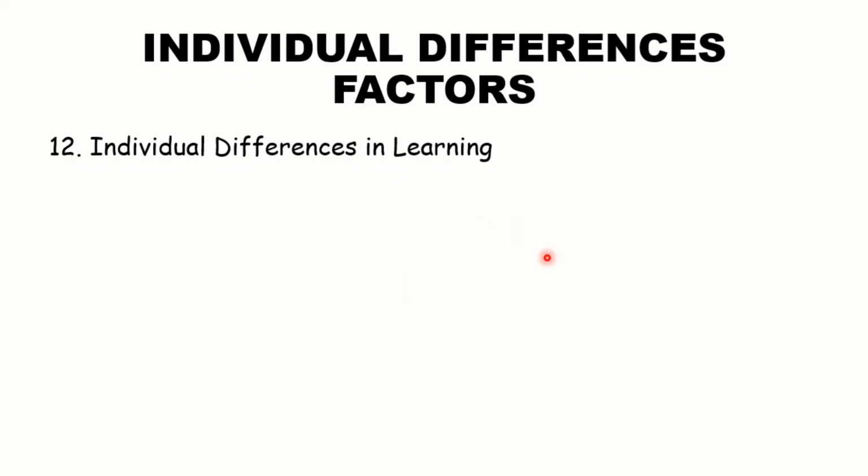So we have to consider that individual differences are the factors resulting from heredity or from our environment. We always say that individuals are born with and develop their own capabilities and talents. In addition, through learning and social acculturation, they have acquired their own preferences for how they like to learn and the pace at which they can learn.